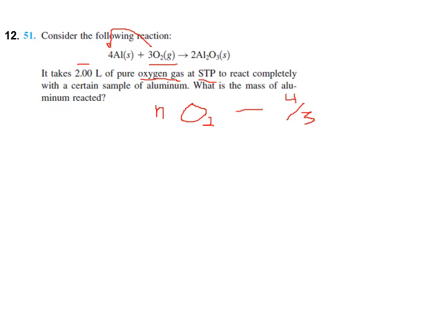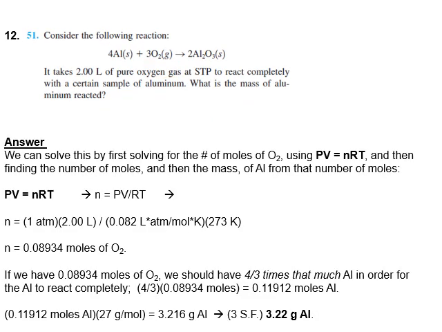Let's go to the next slide. First of all, we solve for the number of moles of O2 by plugging in everything from the problem statement. When we do that, we see the number of moles of O2 is 0.08934, which we then multiply by 4/3 to get the number of moles of aluminum. When we multiply 4/3 times this number, we get 0.11912 moles of aluminum.